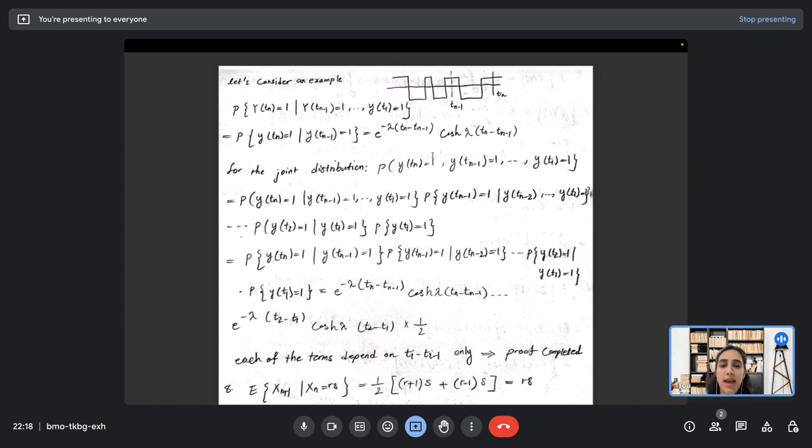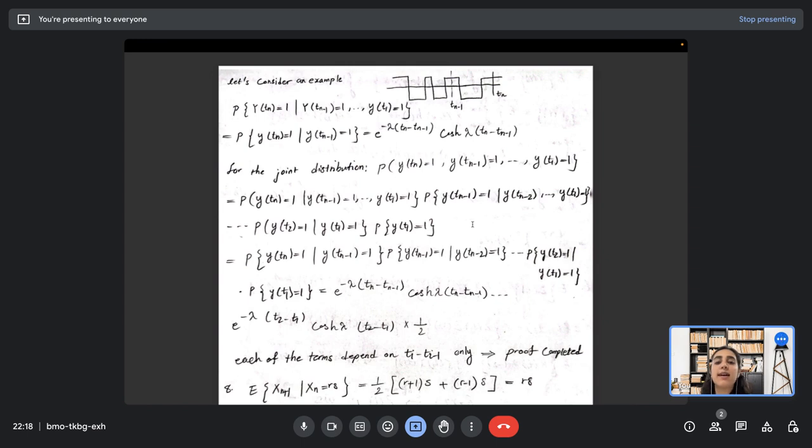I can go back to the joint distribution which I had. If I write the definition of the joint distribution using the total probability theorem, I can write the probability of y of tn equals 1 given all of tn minus 1 till t1, times the joint probability of tn minus 1 till t1. Again, I can write it like a conditional distribution till the end.